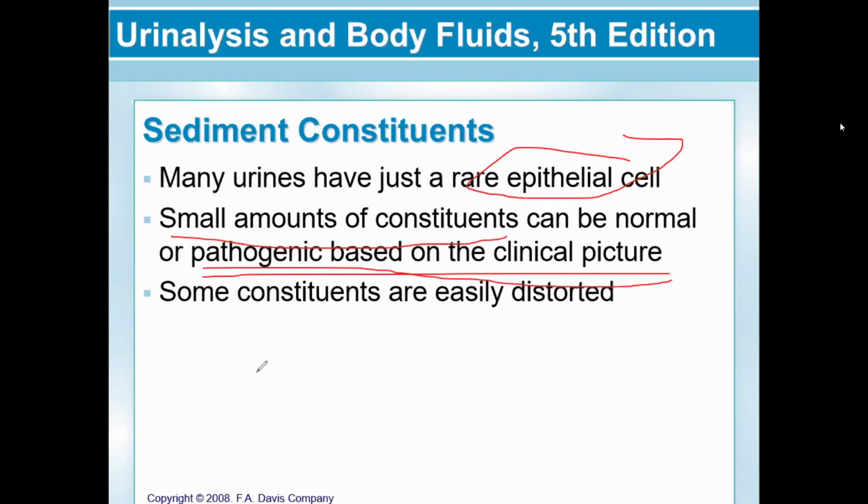This will affect, okay, yung itsura ng mga constituents na yun or form elements, makikita natin under the microscope. So, kapag nagkaroon ng distortion ng mga form elements na to, even yung mga medtech natin na experienced, nami-miss nila. Okay? Kasi nagkaroon na ng distortion dun sa itsura nung mga form elements natin.